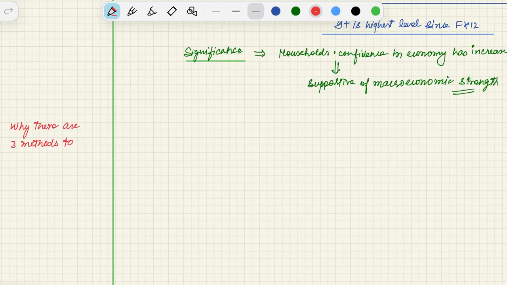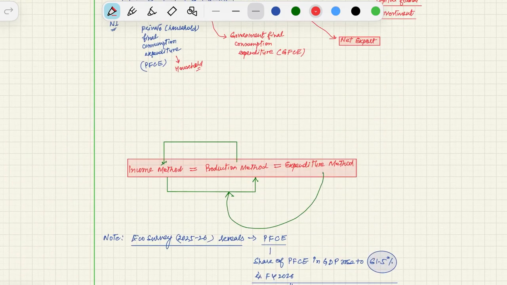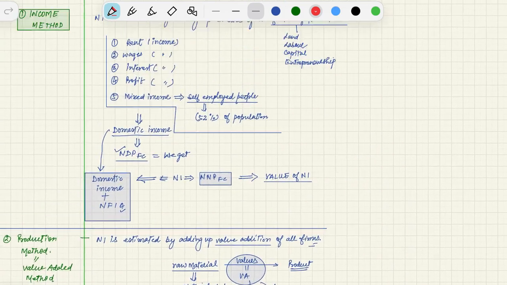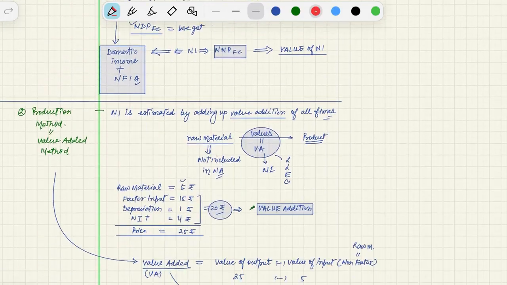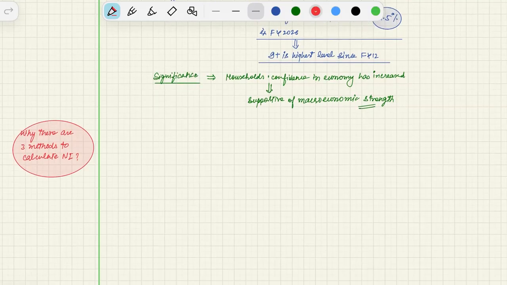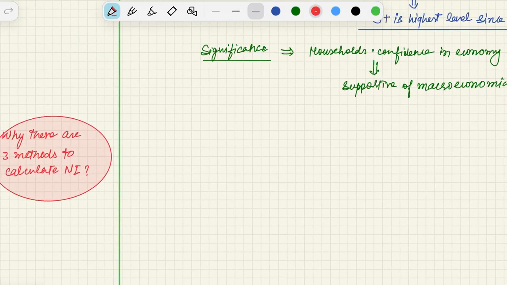I have demarcated a margin so that the topic we are discussing is clear. So far we have discussed this much, and here again we discuss why there are three methods to calculate national income.